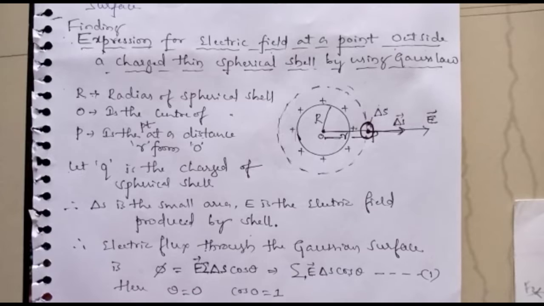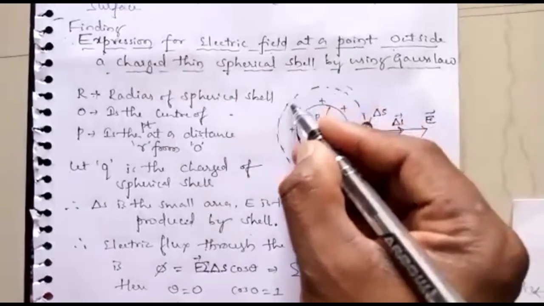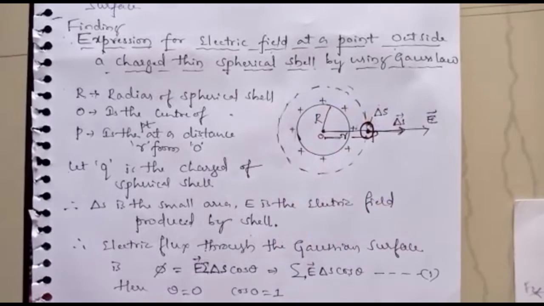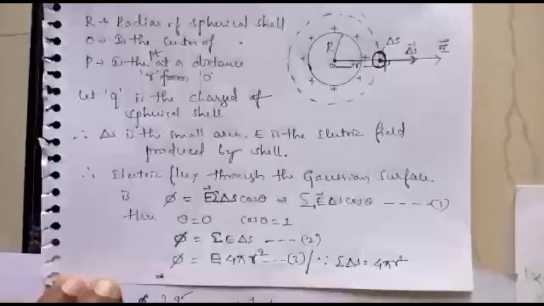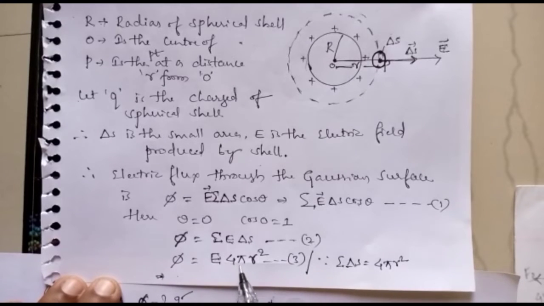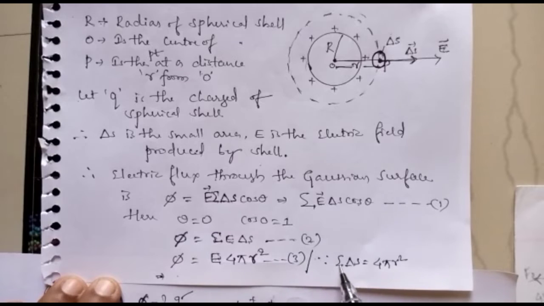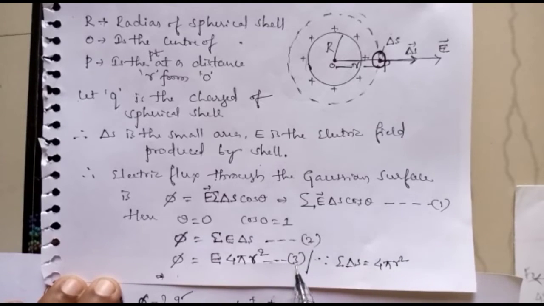Now listen carefully. The whole Gaussian surface area is 4 pi r square, so phi is equal to E into 4 pi r square. This is equation number 3.